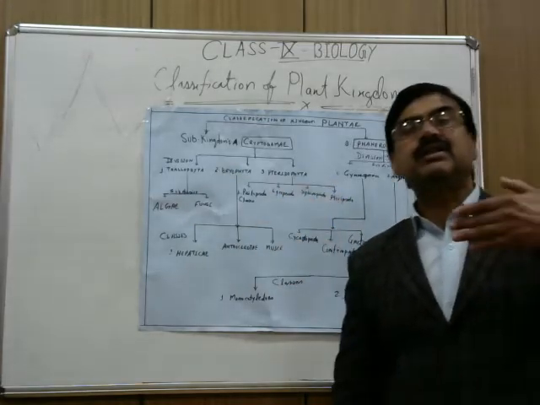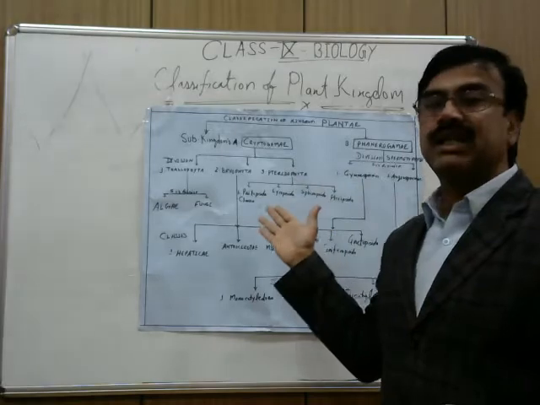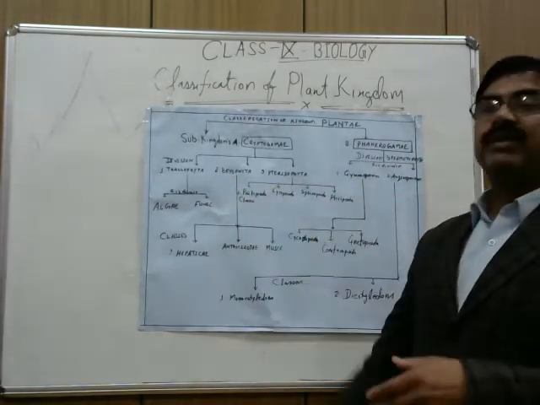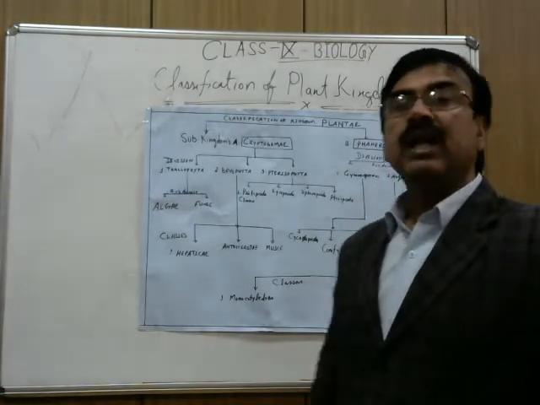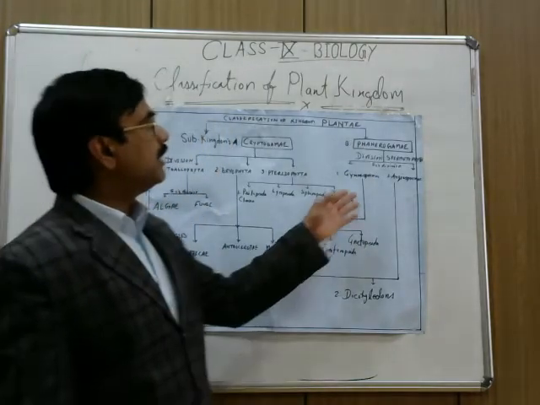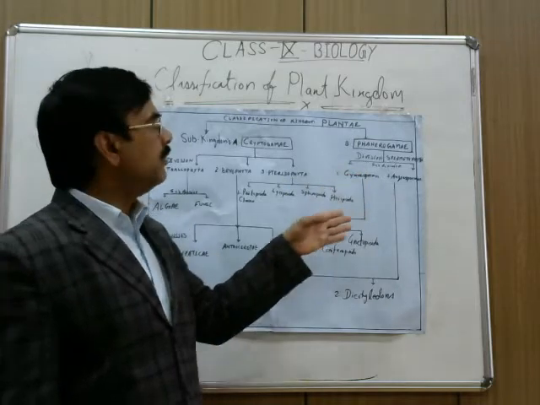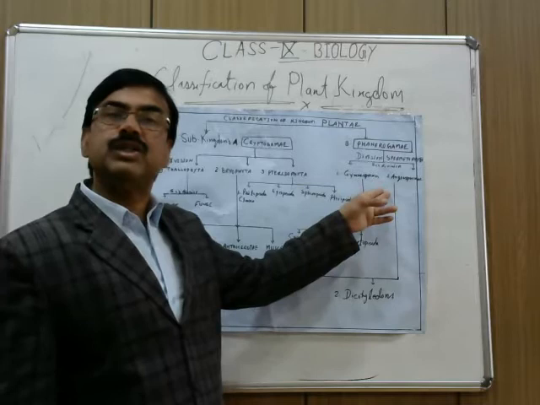I will tell you 3-4 characteristics of each phylum and each class. And after the cryptogamous, when we move towards the phanerogamous, the flowering plants category, you will remember there are two groups in this phanerogamous. Number one, gymnosperm. Number two, angiosperm.